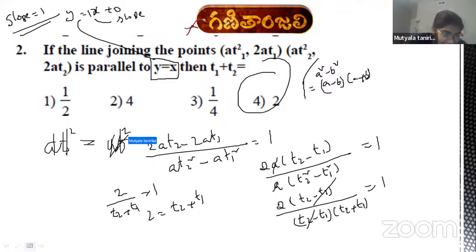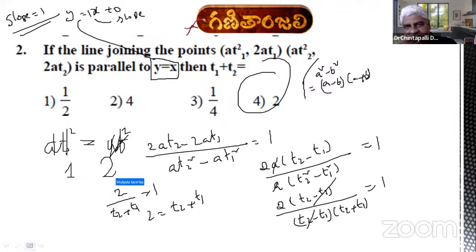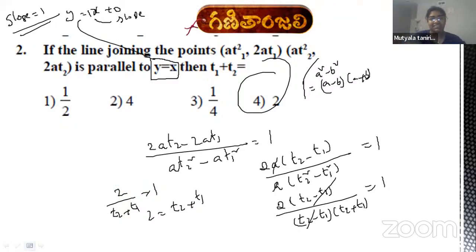That equals 1, sir. So 1 plus 1 equals 2, sir. That's what I did. I don't think it's correct, no, because they said y equals x, so the points are not the same.